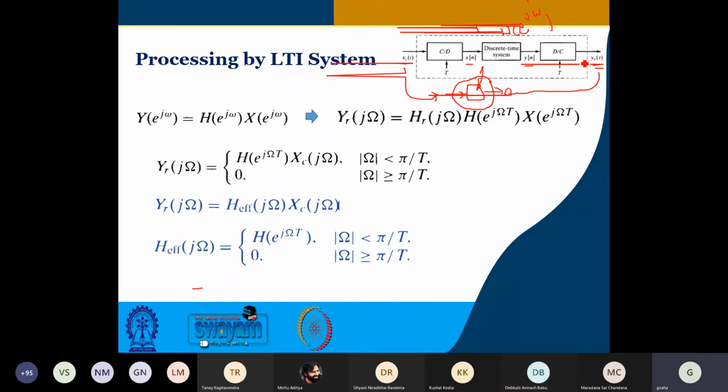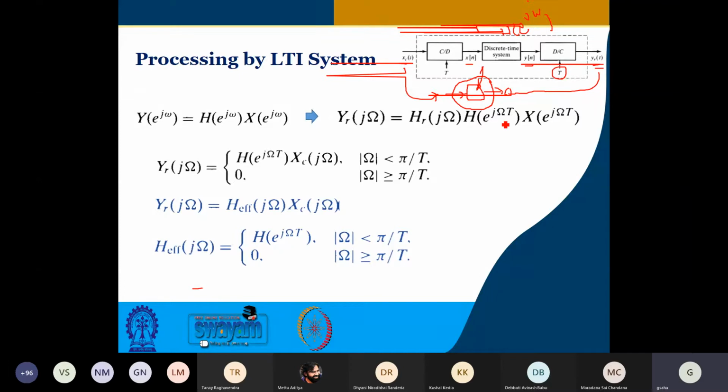Discrete to continuous converter that we know, it consists of two blocks. One is a pulse train generator, where this y[n] will be now placed T interval apart, and then an ideal low pass filter. Finally, you are getting continuous time signal.